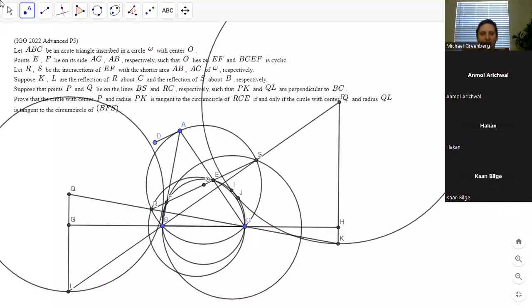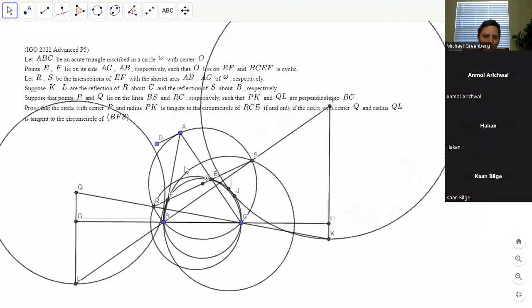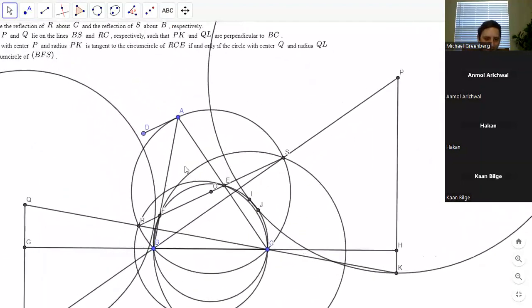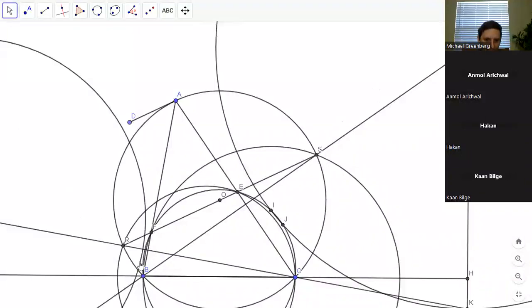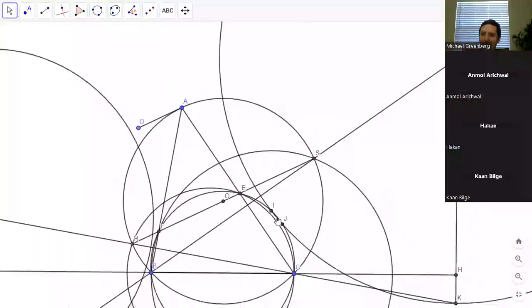So doesn't it almost look like it's not true? I don't know if I messed up in the diagram somehow. If I zoom in, there's a gap here, but these intersect. Right?